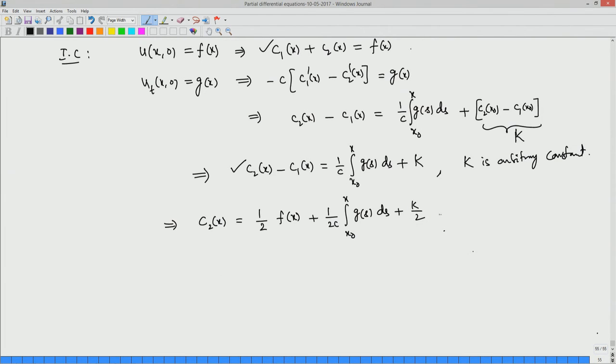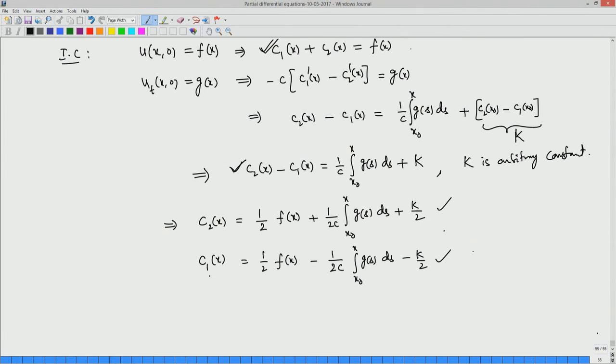And if you take the difference, first this equation minus this equation, you will get 2 times c1(x) equal to f(x), minus 1 by c times the integral from x naught to x of g(s) ds, and minus k. After dividing by 2, these are the two equations you will get.